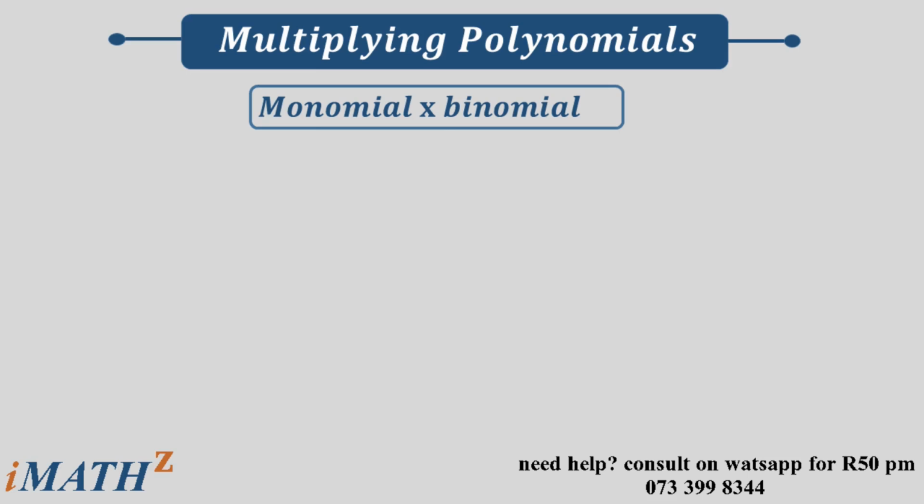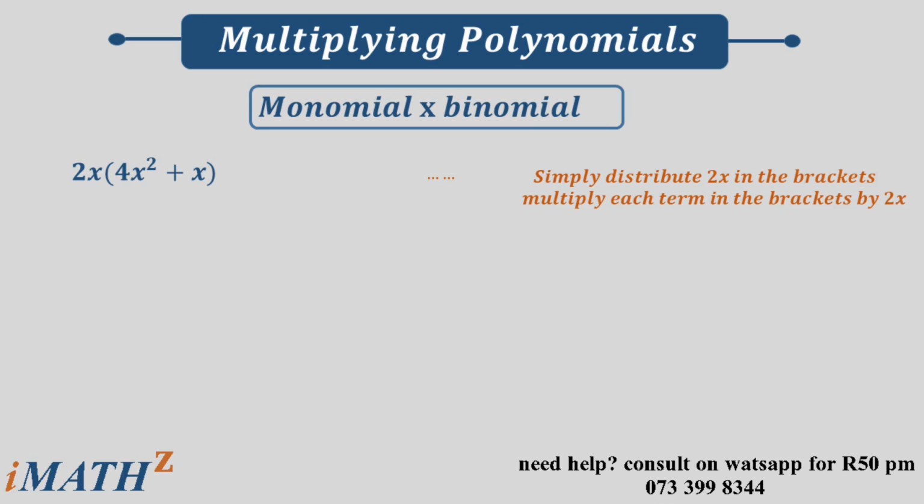So for instance, if we had 2x times 4x squared plus x, we simply need to use the distributive principle and multiply all the terms in the brackets by 2x. First we need to multiply the 4x squared term by 2x, then we need to multiply the x term by 2x.